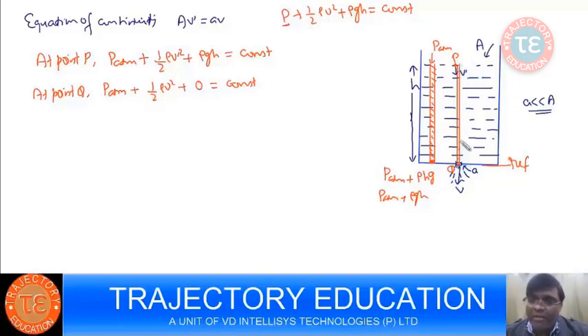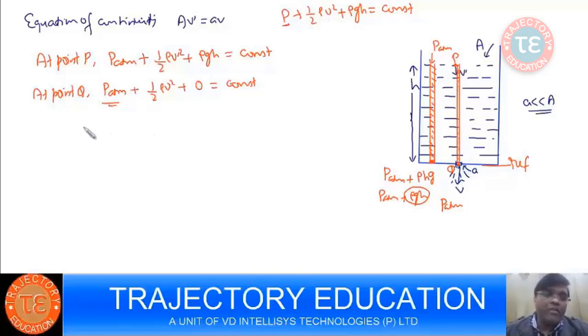The weight of the liquid column above the orifice will be under free fall, so this won't be acting at Q. So it's P atm only. That's why I'm writing the static pressure at Q is P atm, right?